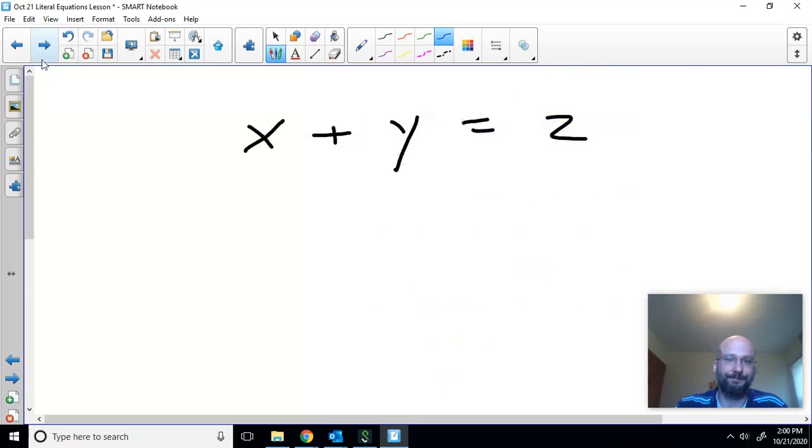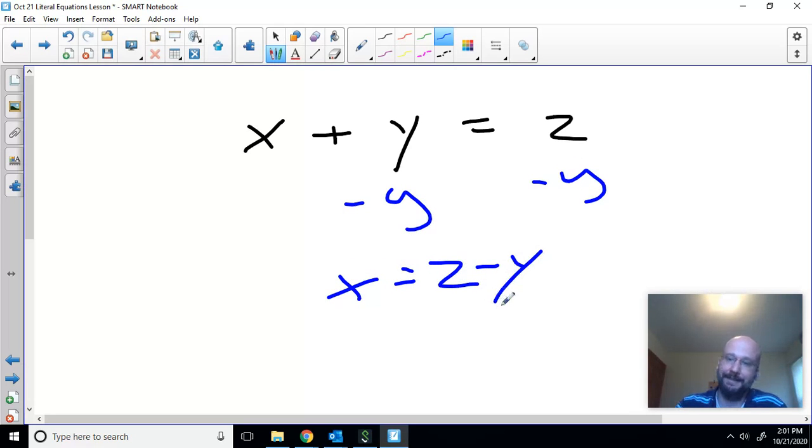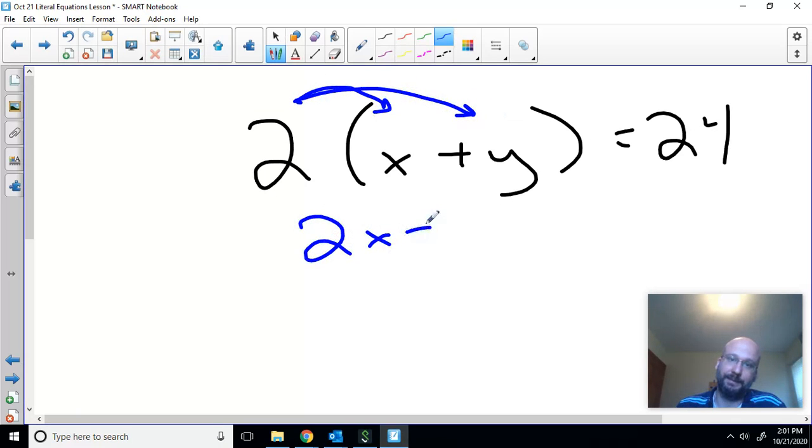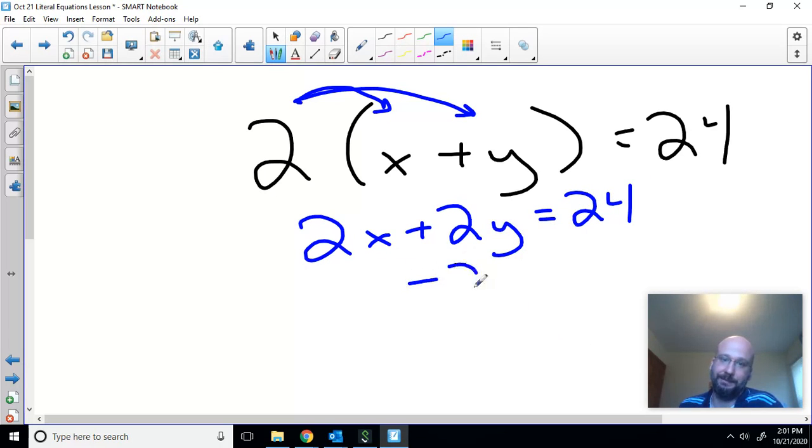What we're going to do, solving for x, we're going to move plus y over as a minus y. x equals z minus y. One step. You show your work, do one step. Same thing as before, where we distribute: 2x plus 2y equals 24. Solving for x, I'm going to move this over here.